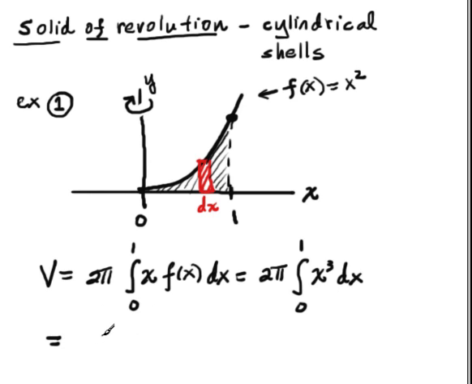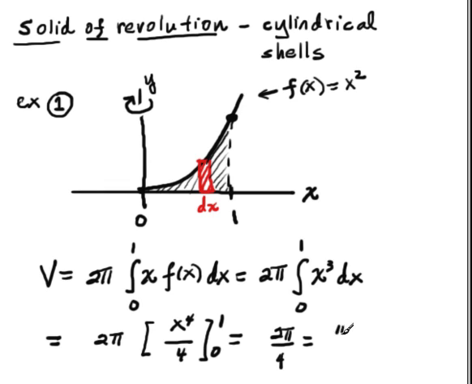Now let's just integrate, and we get x to the fourth over 4, integrating between 0 and 1. Substitute in 1, so we have 2 pi over 4. When we substitute in 0, we get 0, so that reduces to pi over 2. Okay, so that's our volume.